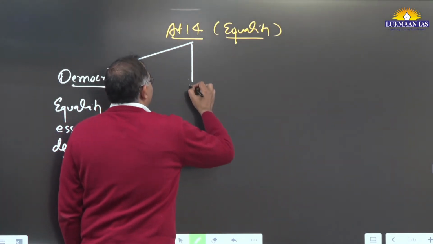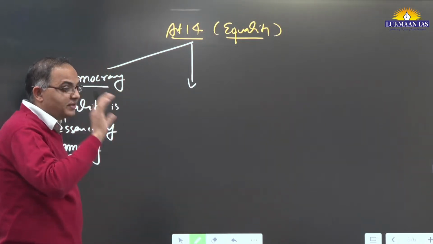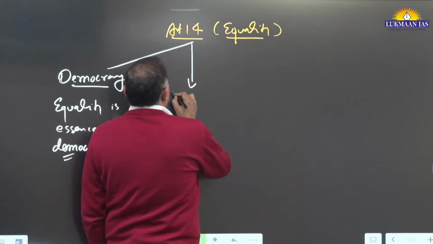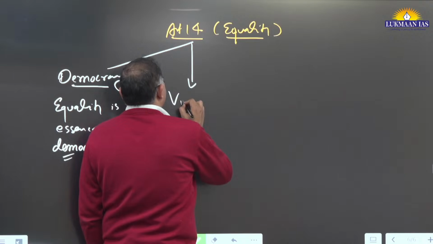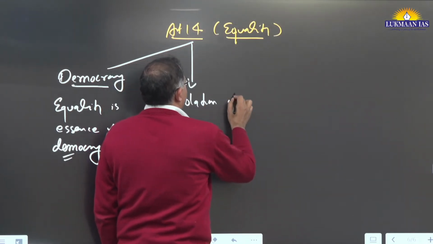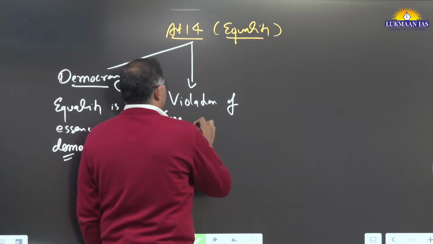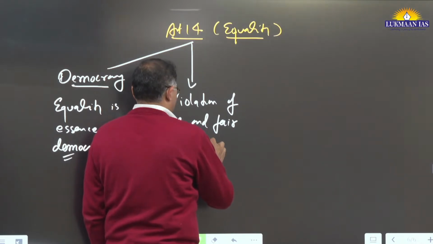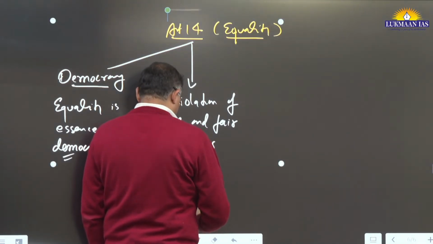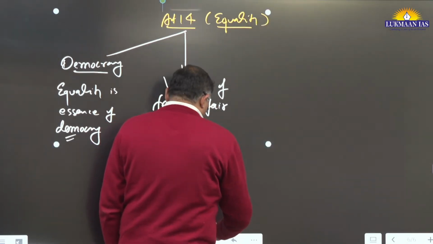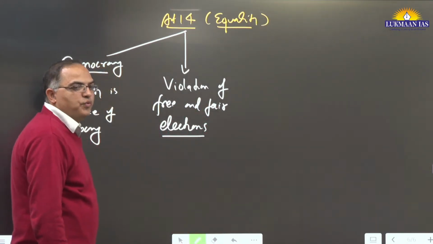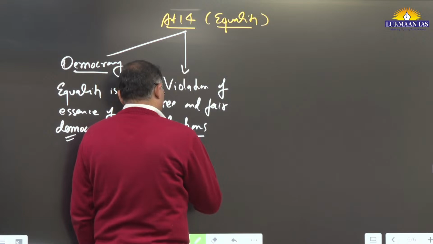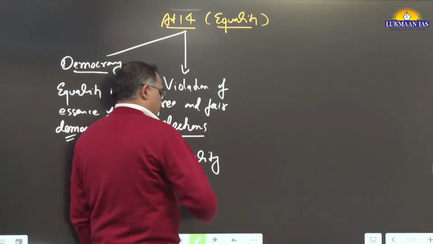Now, how does it violate the equality principle? So let's take that, violation of free and fair election. Free and fair elections. Right. And free and fair election is based on equality.